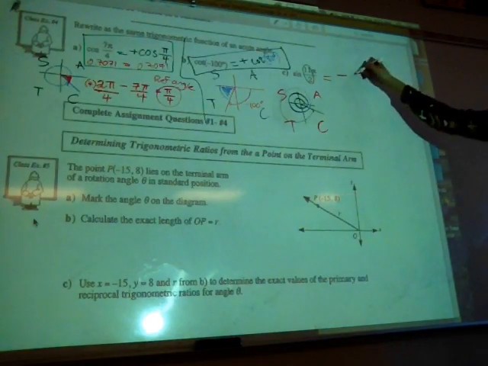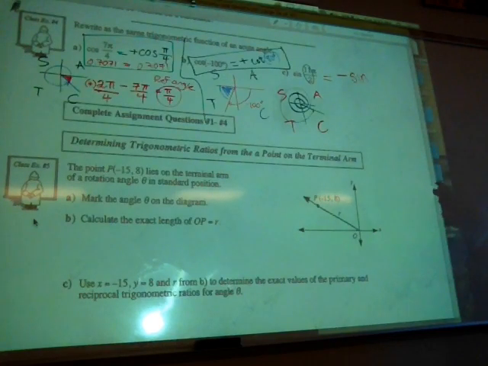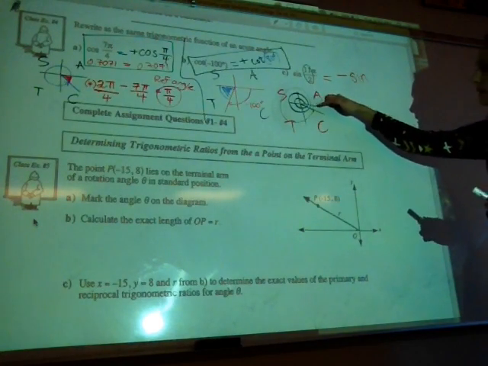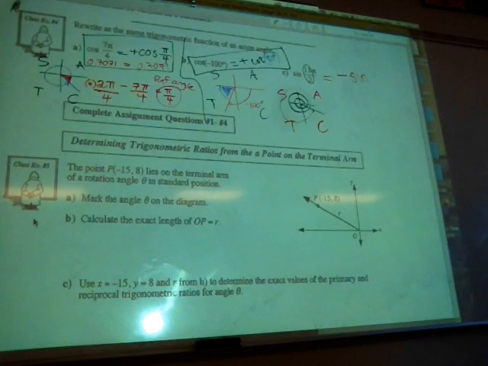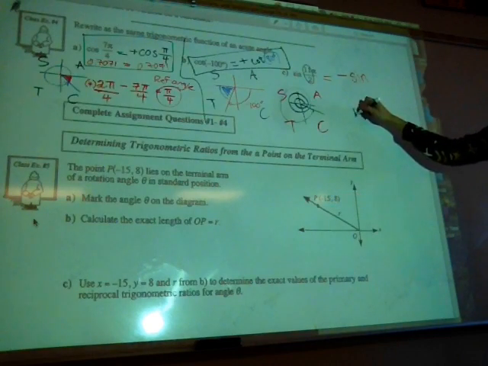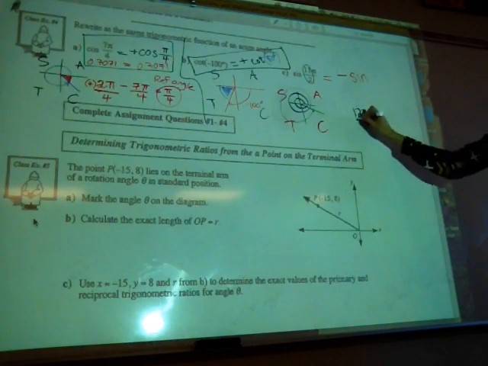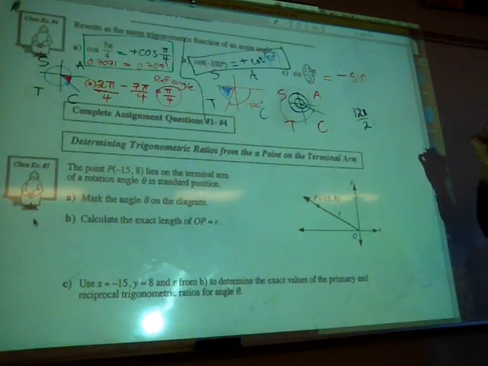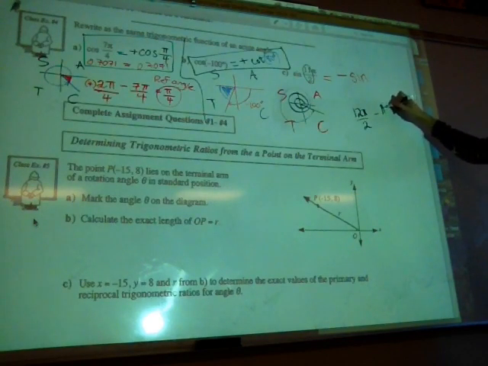And now we have to figure out the reference angle between 3 full rotations and our rotation angle. So 3 full rotations, that's 12 pi over 2. We're going to subtract 11 pi over 2.